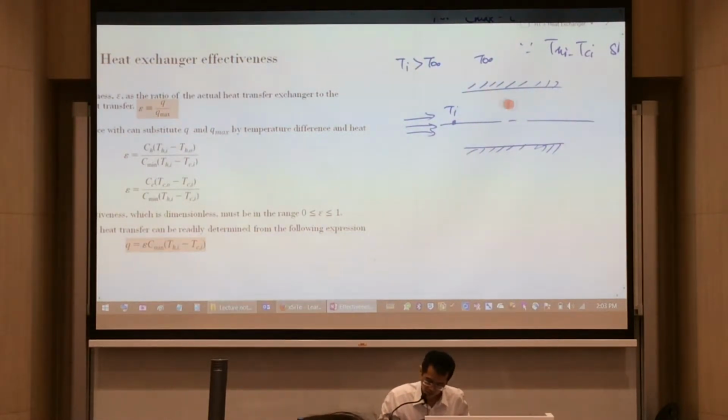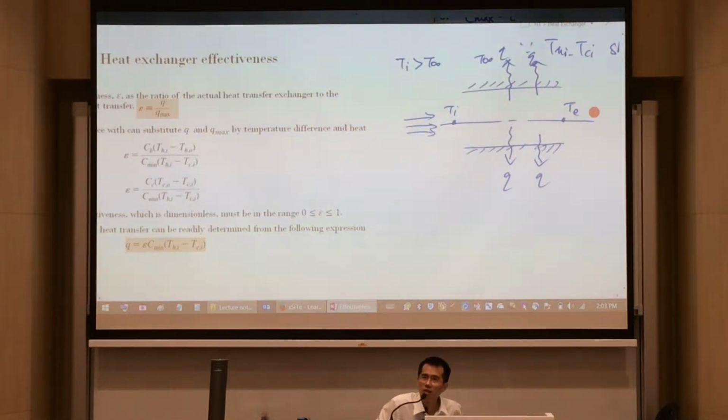And because of that, heat is going to travel radially outward. It's going to transfer outward. And what happens is that it's going to exit at the end of the pipe with a temperature that I call Te.